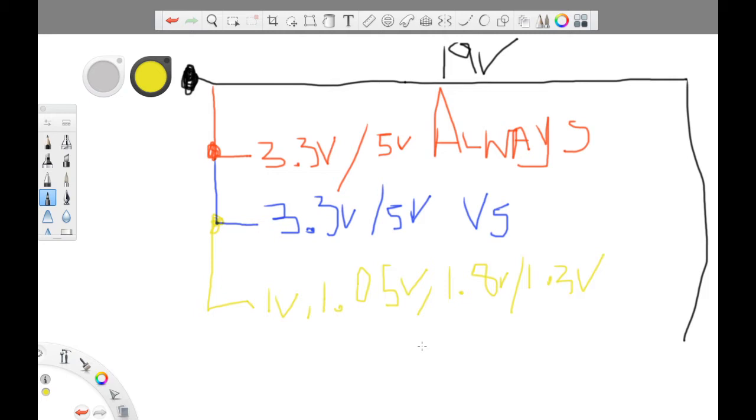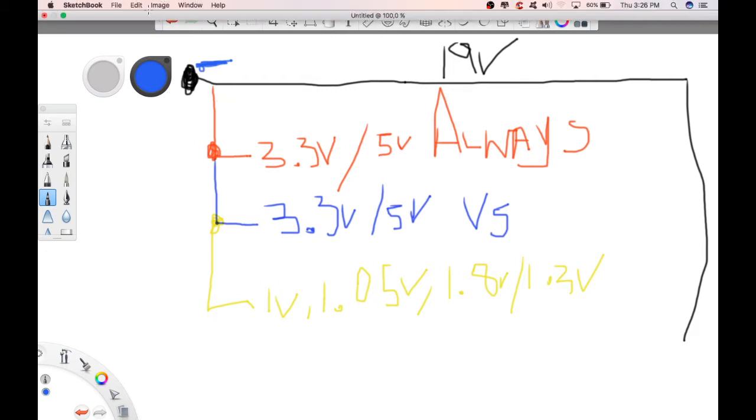Check the port itself. Start from the charging port, meaning you start here. You check here with your multimeter. Check from the charging port. Check here at the start. From the start, see how many volts you have.